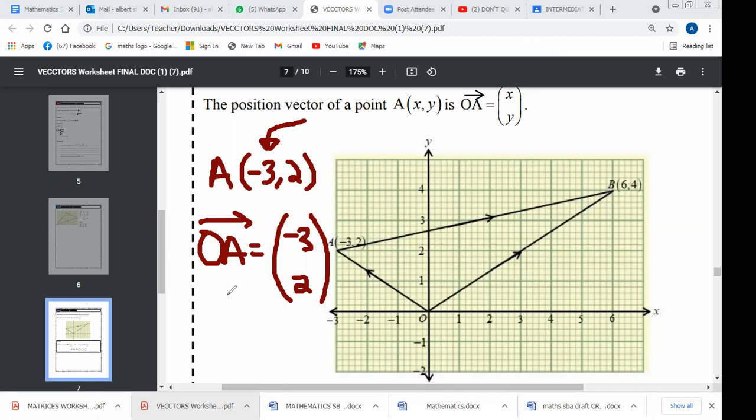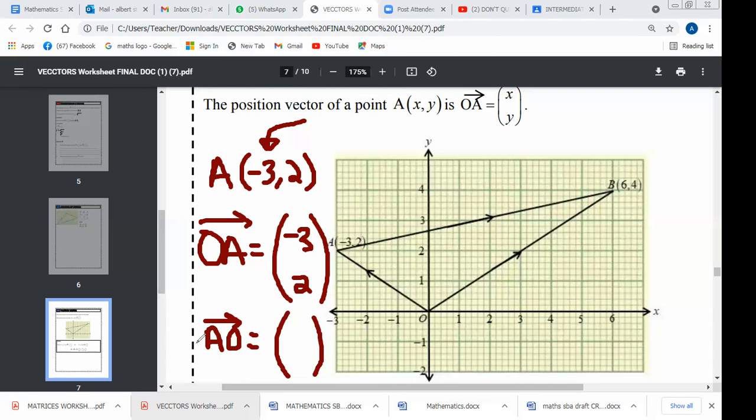As Bennett says, you could actually have AO. Can someone tell me what you think AO would be? We have OA at the top. What do you think AO is? If I say what is AO, what type of vector is AO?